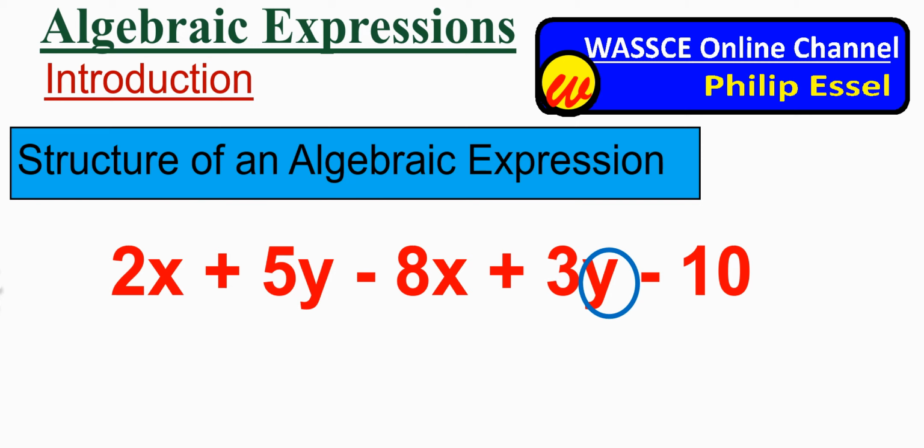Now, what do you think is the coefficient of this variable y? Well, that is the coefficient of this variable y. It is positive 3, or simply put 3. So we know what variables are. We also know what the coefficients of variables are.